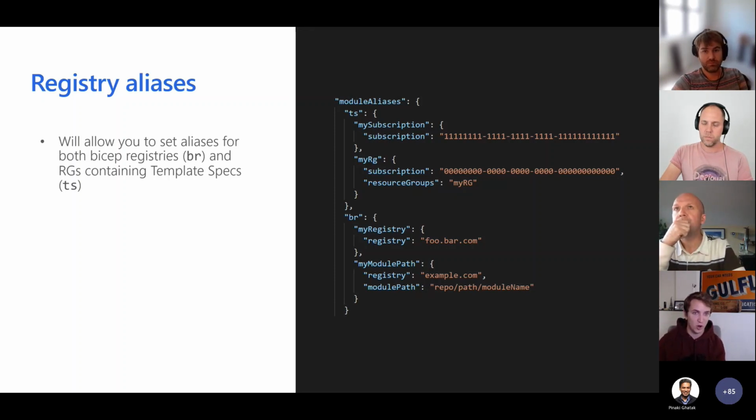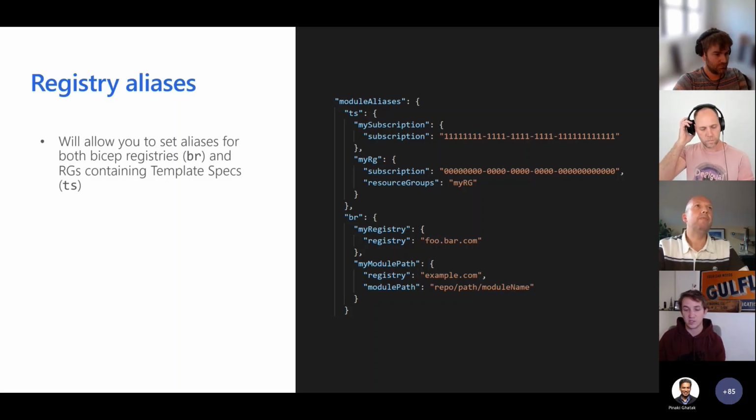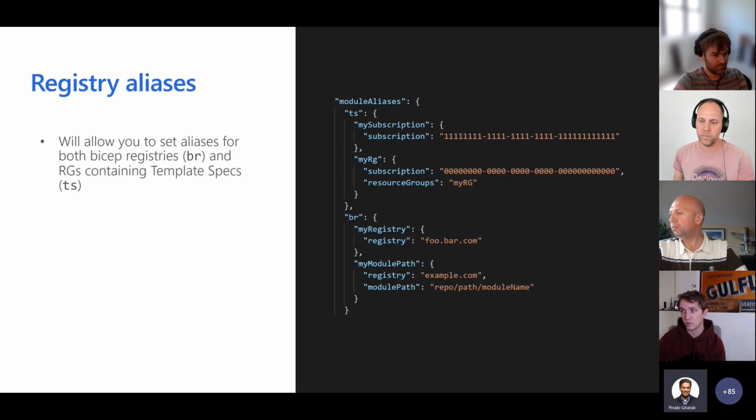You can basically create your own version of that. It's all described in a JSON file. You can associate that with a template spec now. You can associate it with a quickstart template. You can associate it with templates that you submit to the marketplace. So it's just a nice way of making your templates easier to consume.